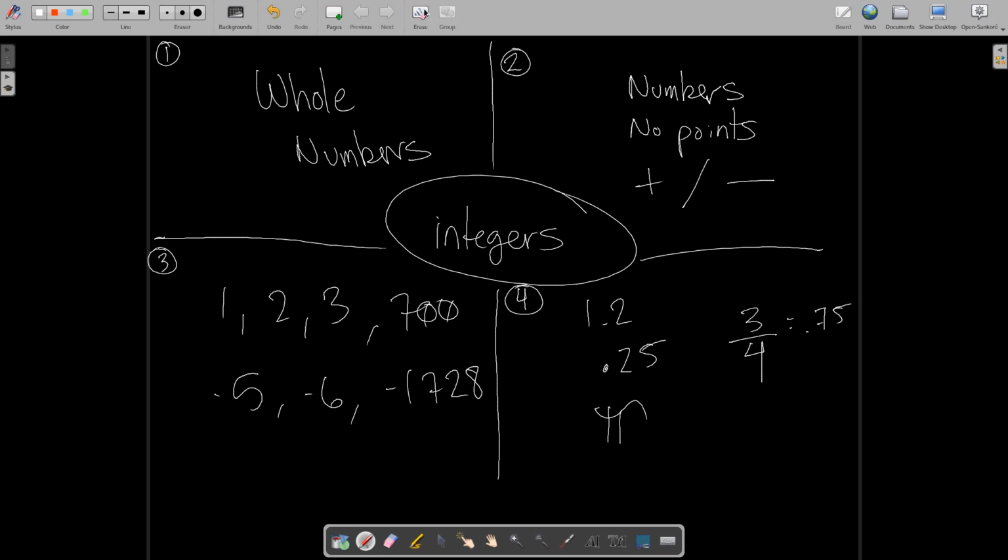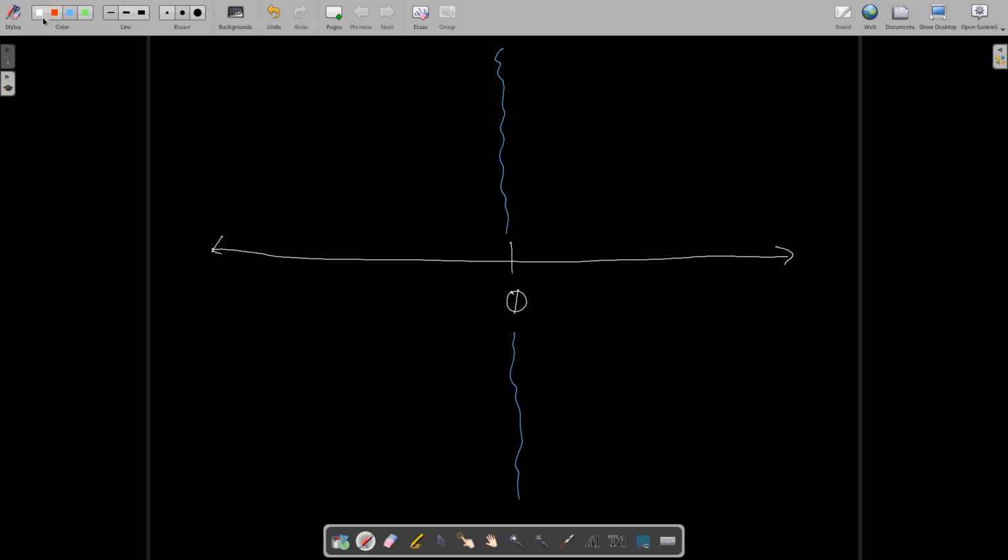Okay, so let's look at ordering these. Okay, and if I draw a number line, this is really how we need to conceptualize this. Okay, with 0 being my middle, I always think of the number line as there's this magical barrier between these two worlds. You've got the very negative world on the left and the very positive world on the right. Okay?